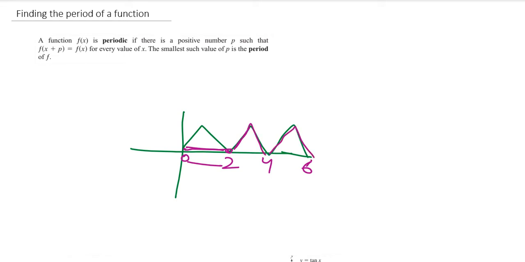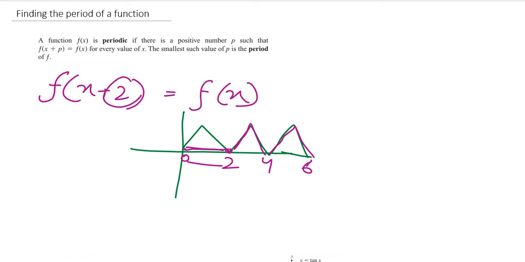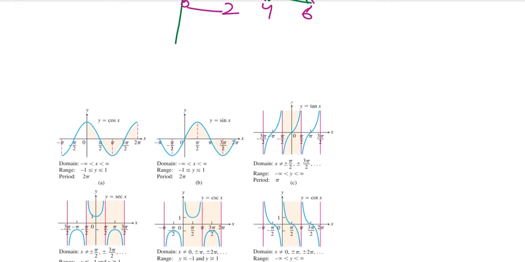You can tell that f of x plus 2 is equal to f of x, and 2 is the period over here, and after that it will repeat its shape. So we are discussing the trigonometric functions. Let's move on towards that and see what their periods will be.